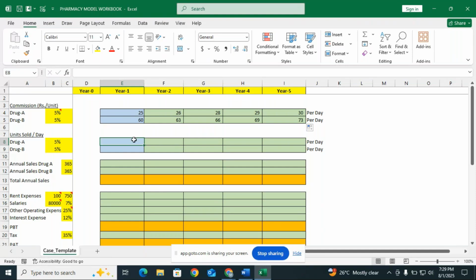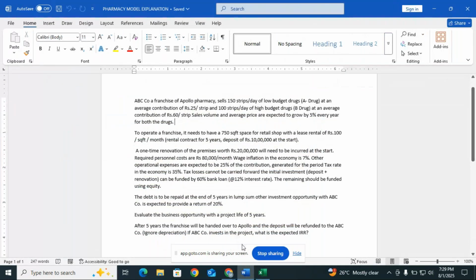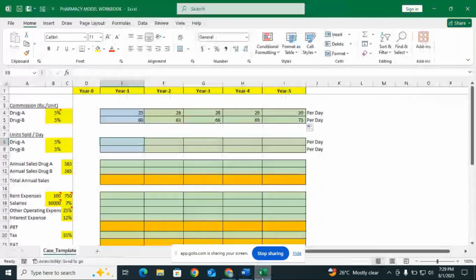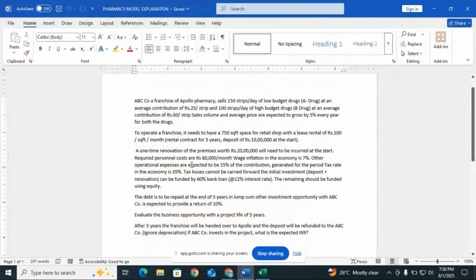So drug A, how many strips have been sold? 150 strips per day. And drug B, 100 strips per day.